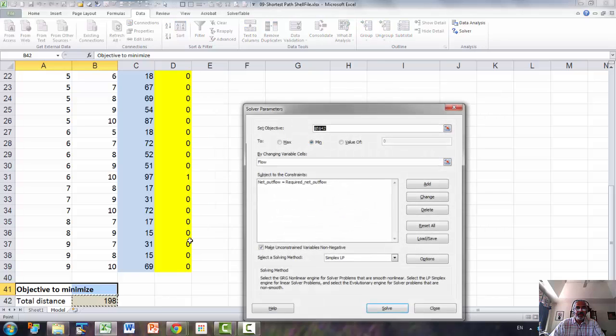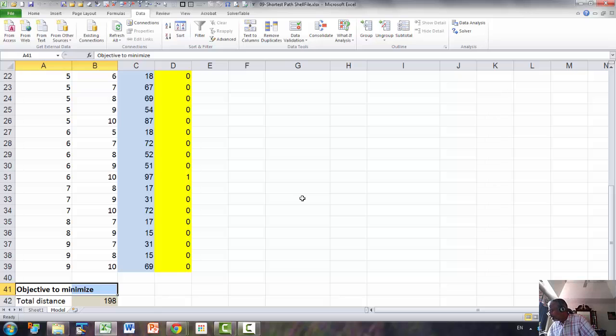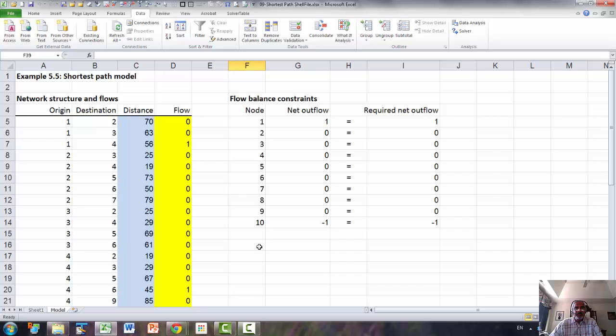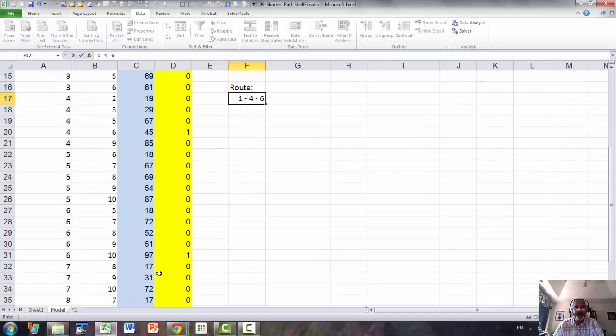Solve, and the minimum distance is 198, and here is how you will go. The route is 1 to 4, and 4 to 6, and then 6 to 10.